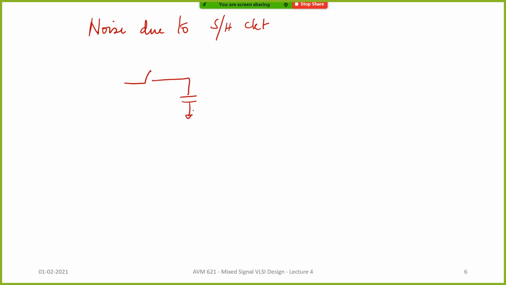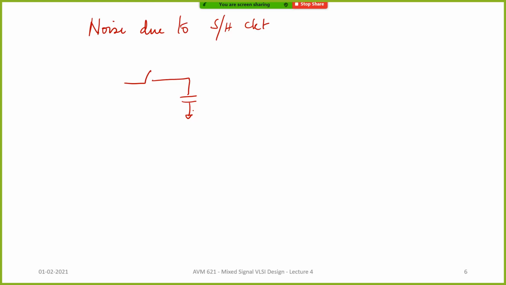In one of the previous classes we looked at the need to put a buffer at the input and a buffer at the output. So definitely both those buffers will have noise. They will have their total input referred noise, which will definitely come into the picture. Right now we are looking at only this sampling switch and what happens to the noise of this switch.